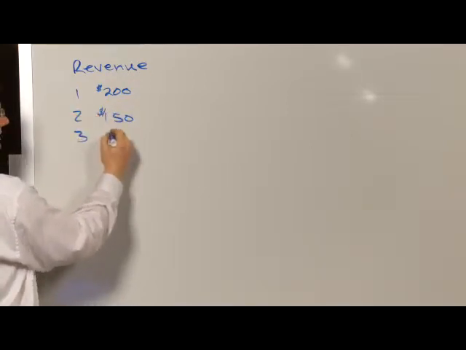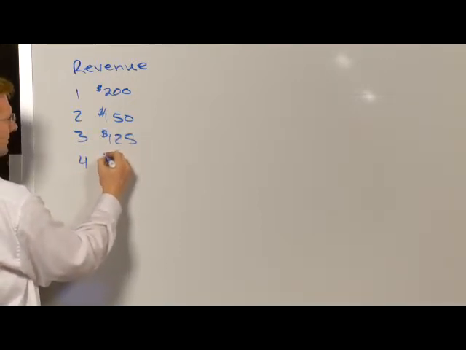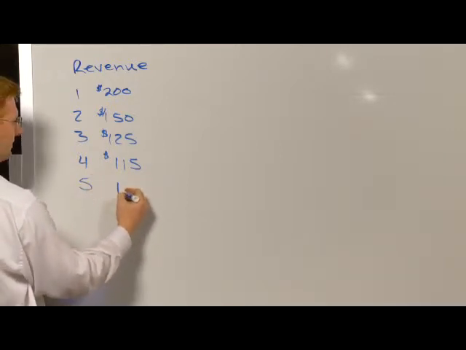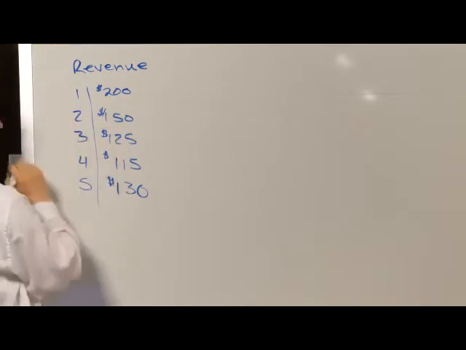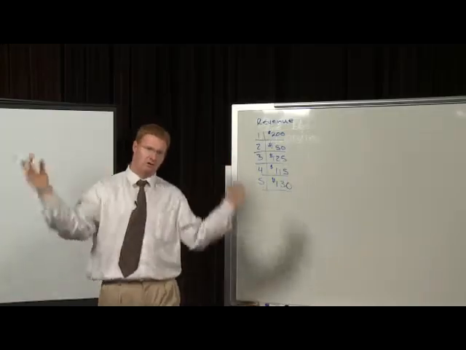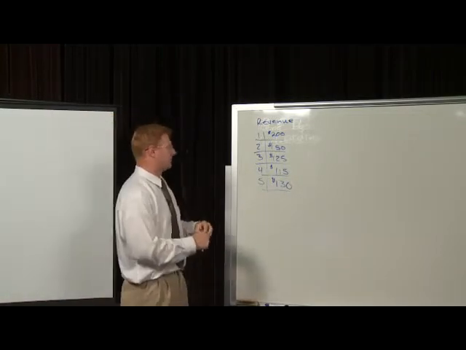In month 3, we have $125. Month 4, we have $115. Month 5, $130. And you look at this, and you say, oh, that's kind of nice. Good, we made over $100 each month. That was great, good month. Or you might think that was a terrible month.